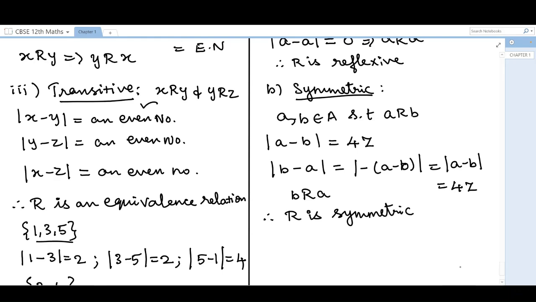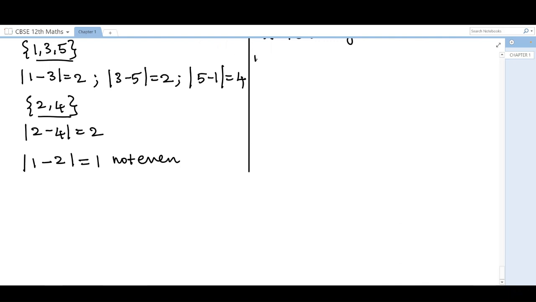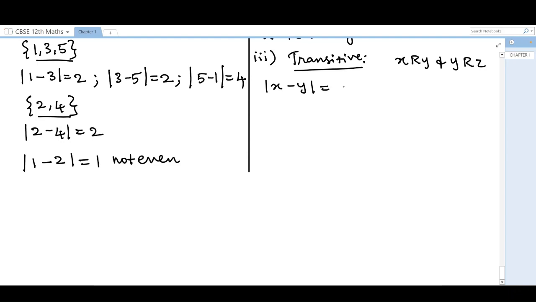The last one is transitive. For this we have to consider three elements x, y, z such that x is related to y and y is related to z. So this implies the difference between x and y is a multiple of 4, and the difference between y and z is also a multiple of 4. Now we have to verify whether the absolute value of the difference x minus z is a multiple of 4.